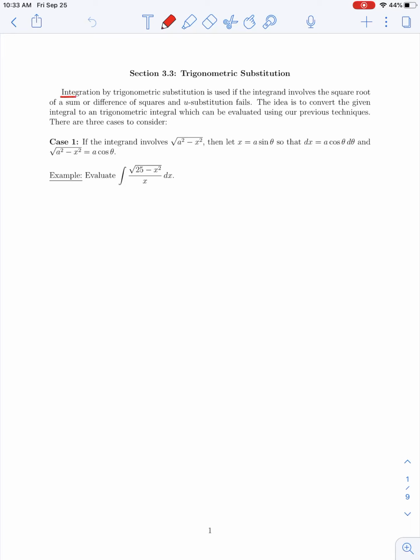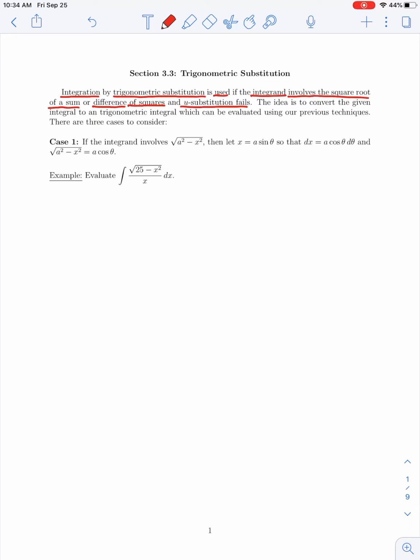We would say that integration by trig substitution will be used if the function that we're integrating, our integrand, involves the square root of a sum or a difference of squares and a u substitution fails. So anytime that our integral involves a square root of a sum or difference of two squares and we can't get away with a u substitution, that's when we're going to use this method of trig substitution.